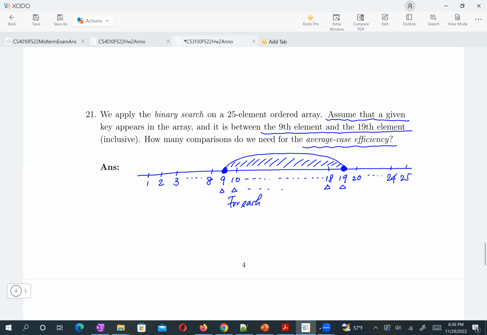Then for each element in this range, how many comparisons do we need for the binary search?